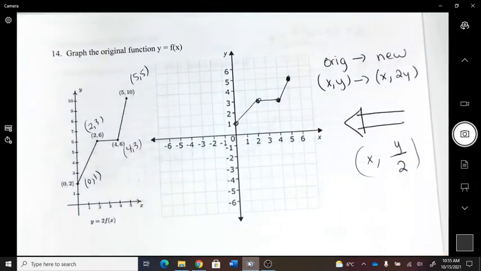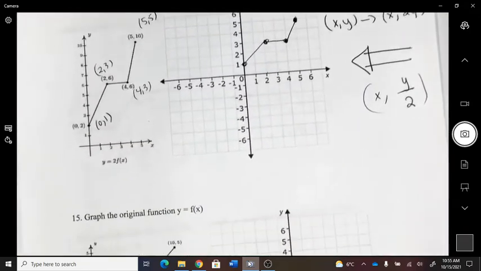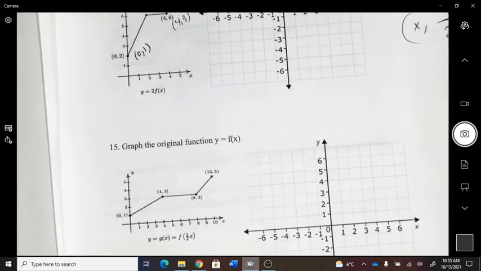Does this make sense that now this is the original, and if you were to vertically stretch it by 2, it looks like that. Okay, and the last one here.